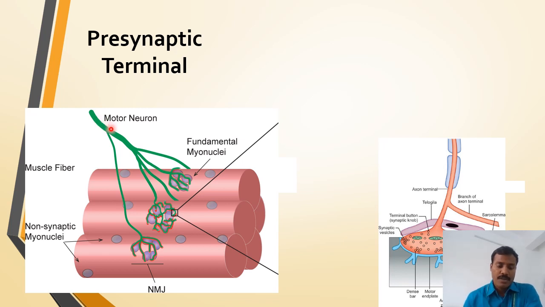Before supplying the muscle fiber, the axon divides into multiple branches, and each branch supplies a single muscle fiber. That is called the neuromuscular junction. One motor neuron, its branches, and the muscle fibers supplied by the branches, all this is collectively called a motor unit.